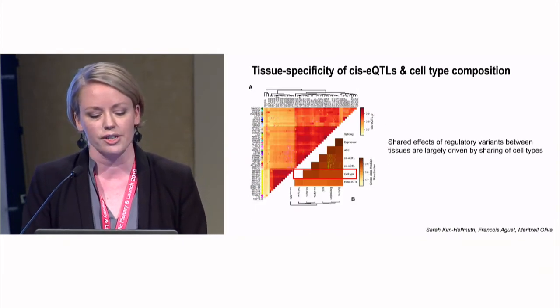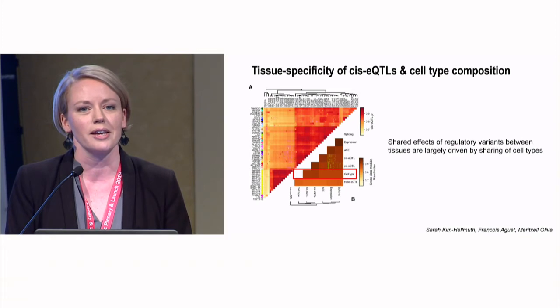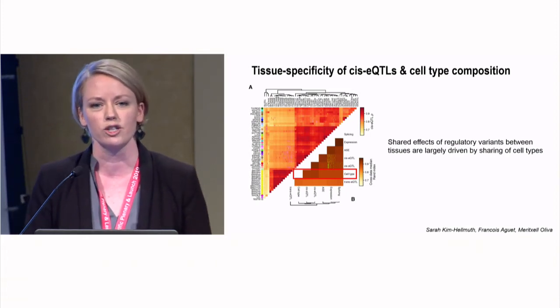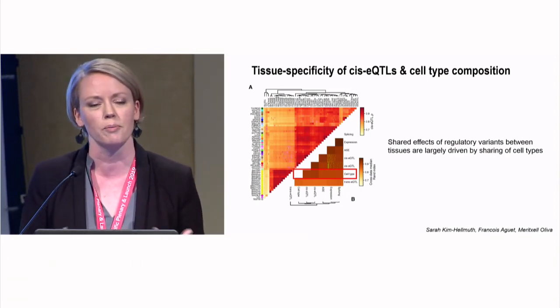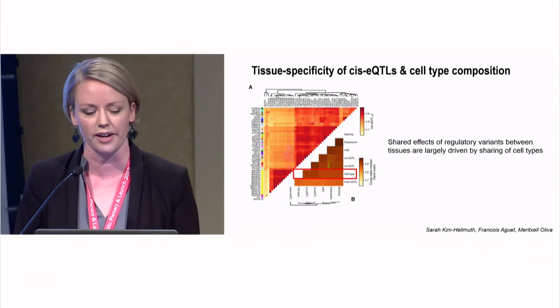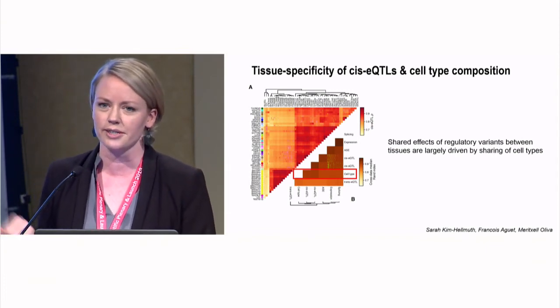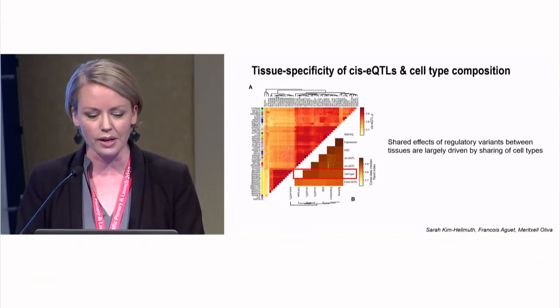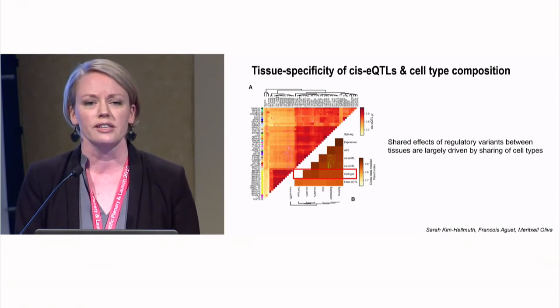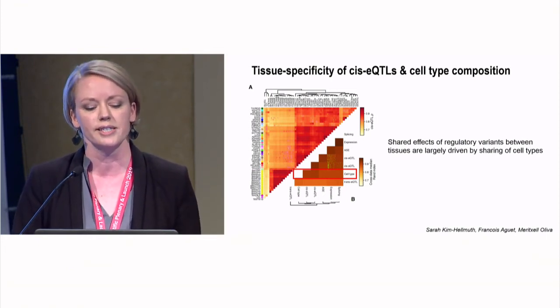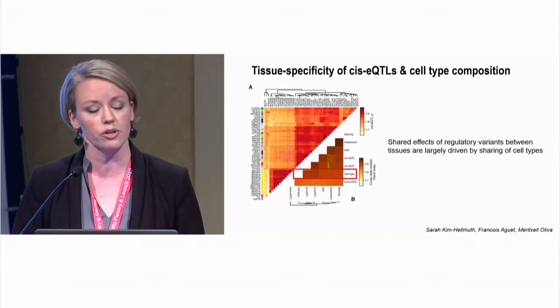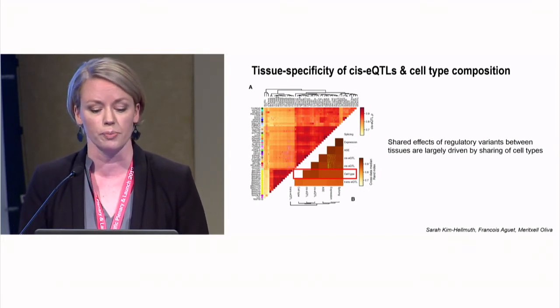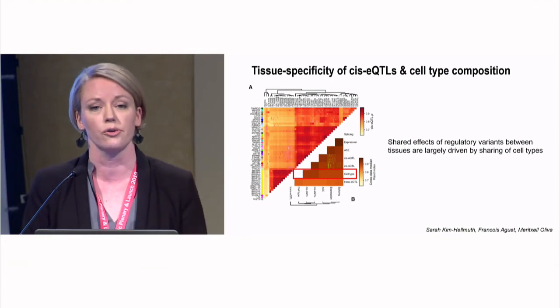One of the really interesting insights that we got from looking at how these different cell type enrichments are shared across tissues and how that compares to sharing of cis eQTL effects is this: if you look at this heat map here, it shows the tissue sharing of cis eQTLs across different tissues. Actually, really high degrees of sharing for most tissue pairs, up to like 0.9 correlation.